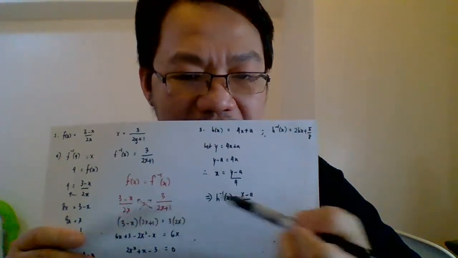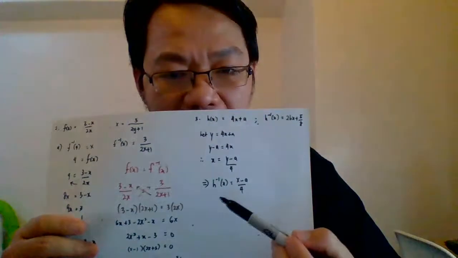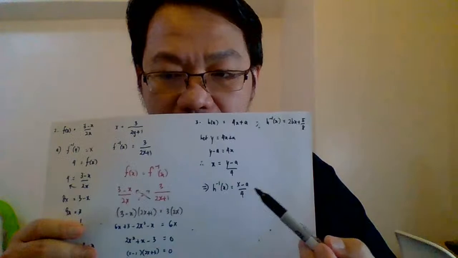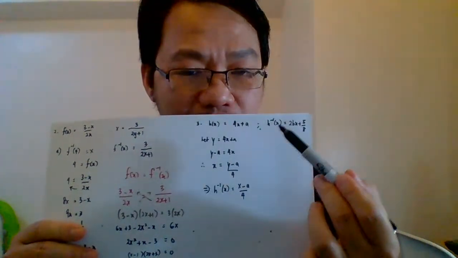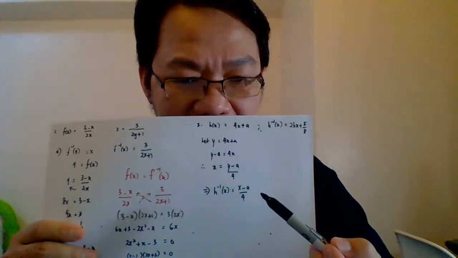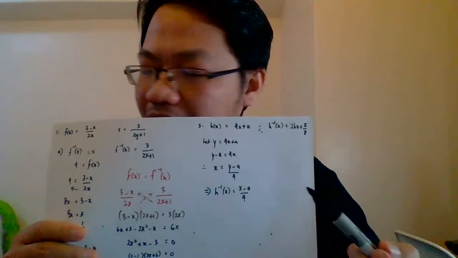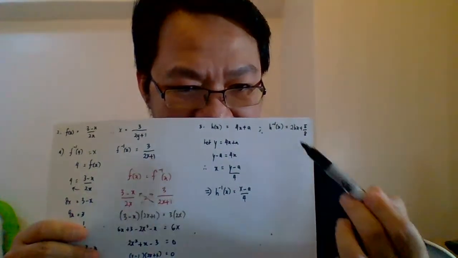So h inverse equals (x minus a) over 4. Now, this is also equivalent to this one, because this one is also h inverse. So we just write equal here, cut and paste this equation into here.